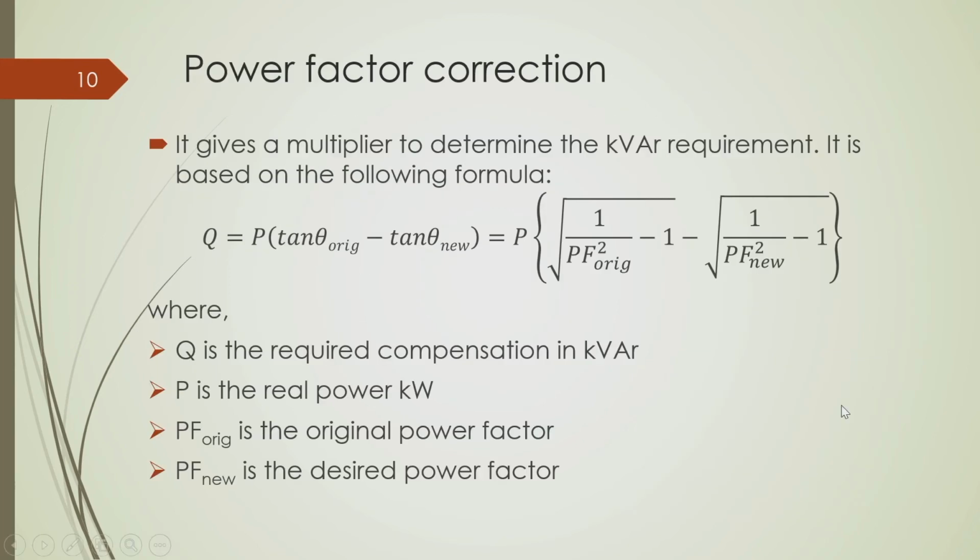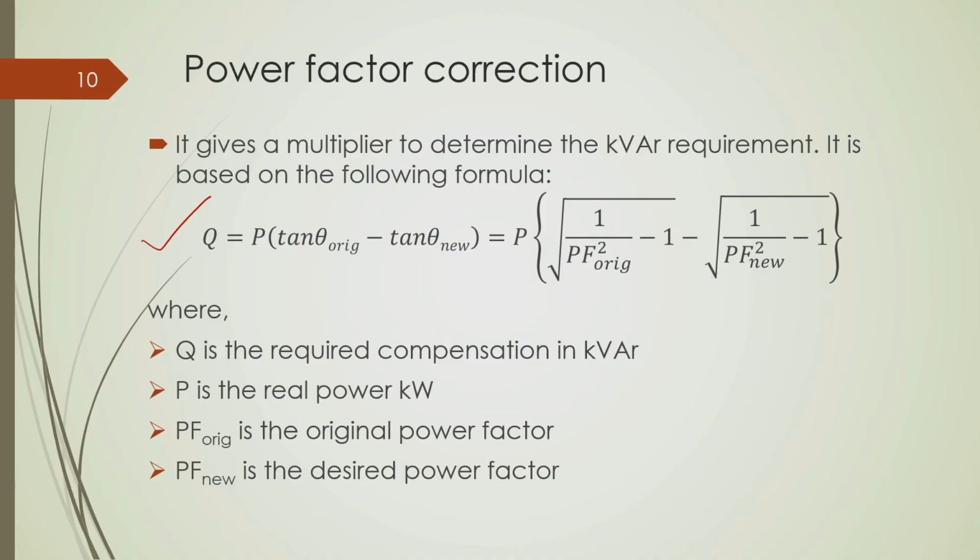Sometimes you will see numerical problems where power factor correction is required, and an industrial load is intended to improve its power factor from some value to some value, let us say 0.7 to 0.8 or 0.7 to 0.9. As a power system engineer, you will be asked to determine how much the size of the capacitor or capacitor bank should be in order to improve the power factor from 0.7 to 0.9.